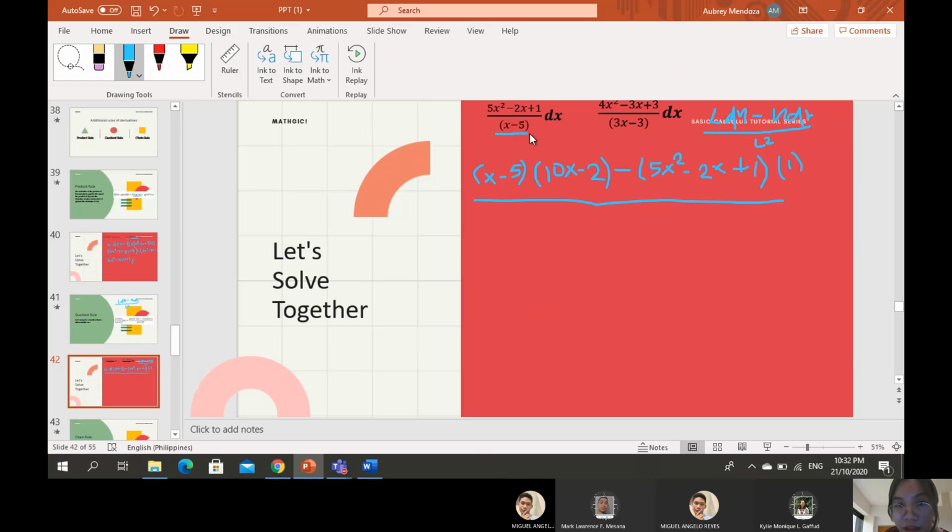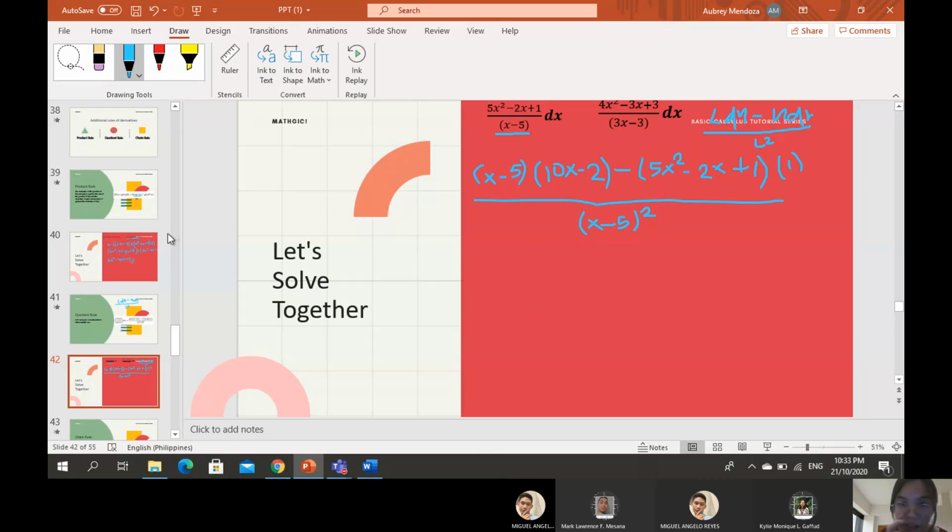So we're just going to copy this and then put squared or raised to 2. There. After that, we are going to expand the numerator.